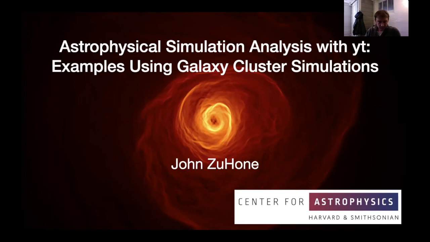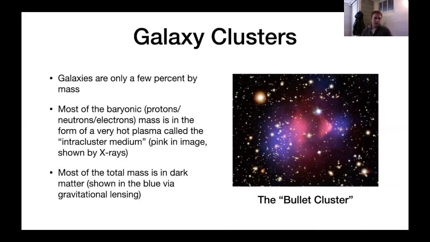So my research is in galaxy clusters, and let me motivate for those who maybe aren't familiar what galaxy clusters are. These are the biggest gravitationally bound objects in the universe, the biggest things that gravity is holding together. We call them galaxy clusters because they were first noticed as groups of galaxies.